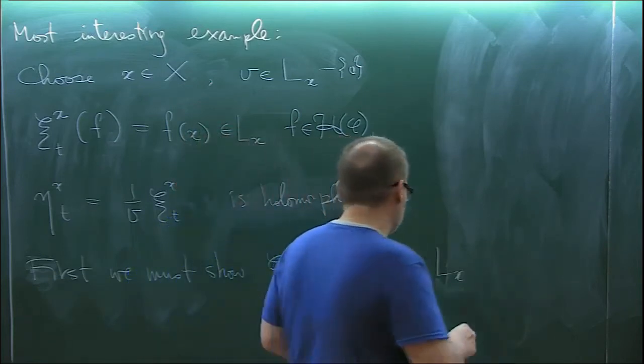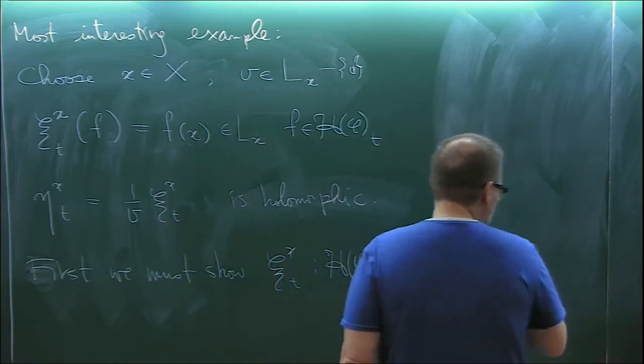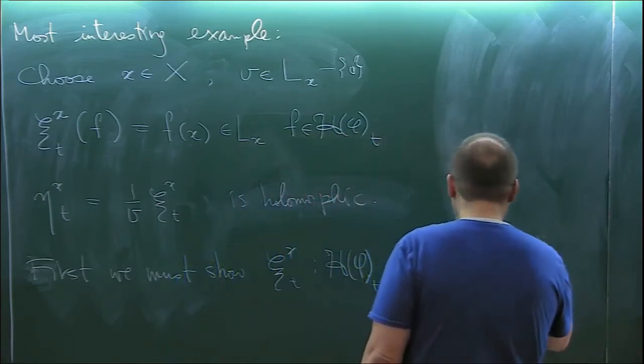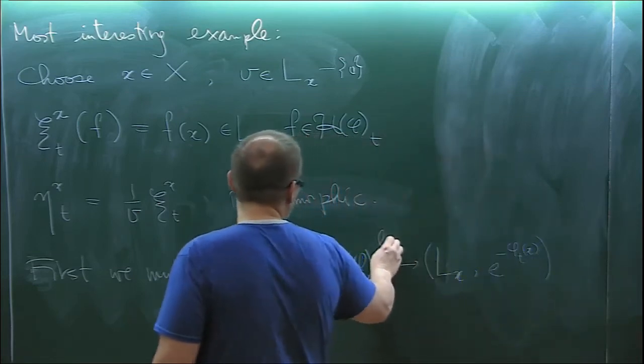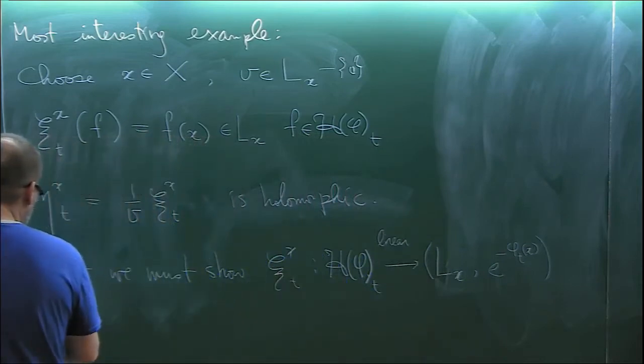So the inner product is just going to be the pointwise evaluation, this metric e to the phi t of x. Okay? So we must show that this is clearly linear, but this linear map is bounded.